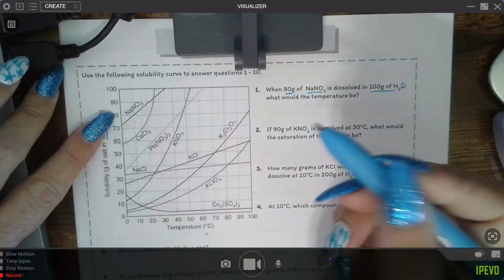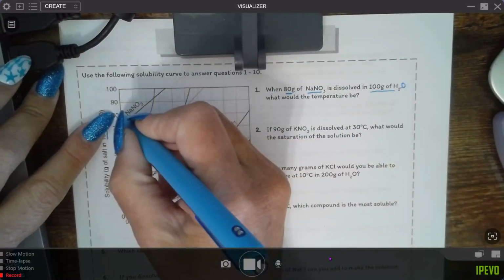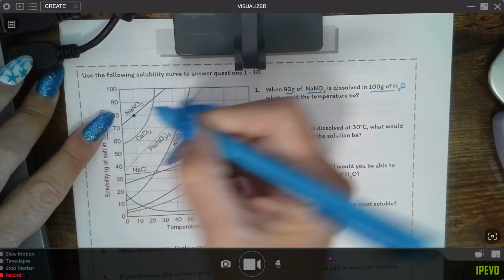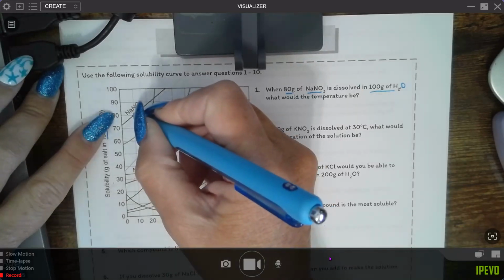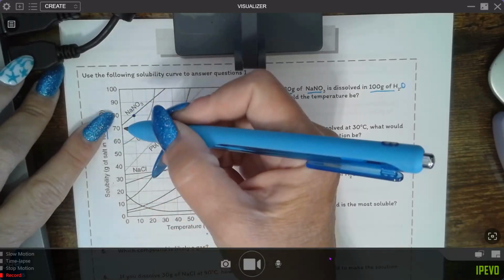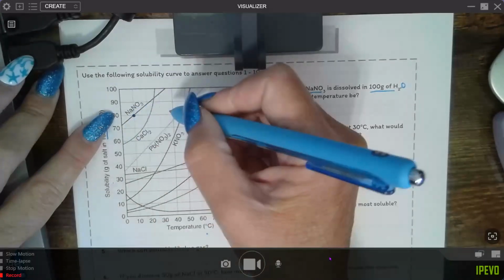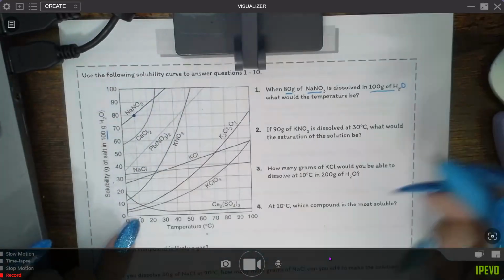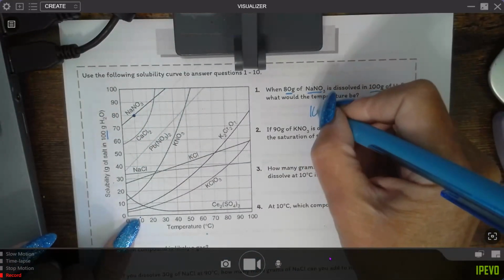We want to see where we cross that line for sodium nitrate. When we get to that line, that's the saturation point, so that's the maximum that will dissolve. If I follow this down, that is going to be at 10 degrees Celsius.